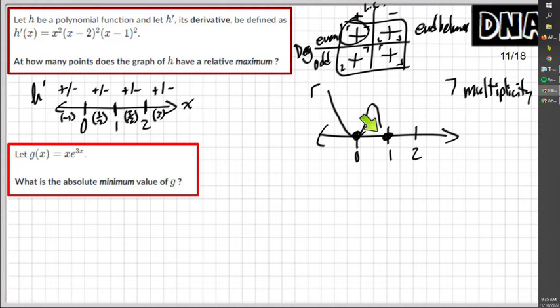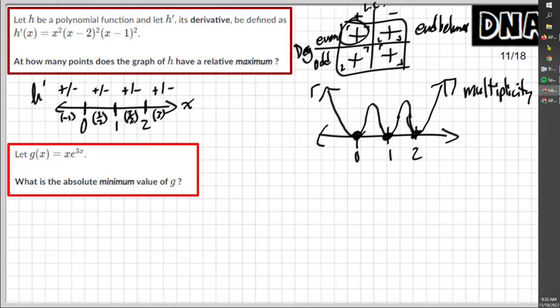Am I going to bounce or go through the 1? Well, 1 comes from 2 x minus 1s, therefore we're going to bounce off the 1. Then I'm going to go up and come back down to x equals 2. That one has a multiplicity that is also even because of this 2 right here. So we're going to bounce off of that one and then go up.